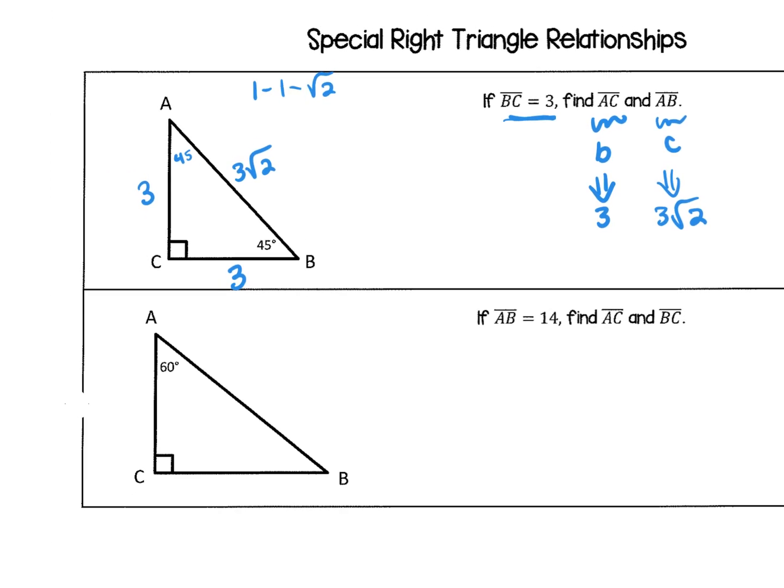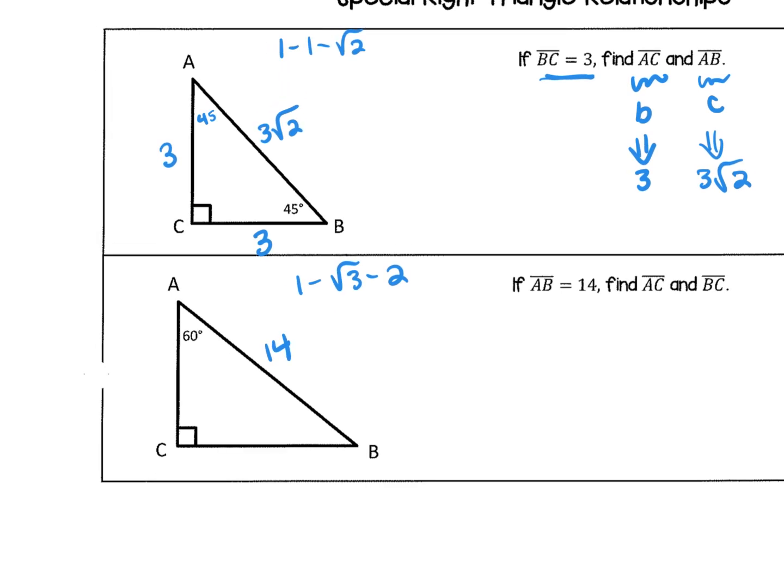And then this is a 1, square root of 3, 2 triangle. AB, which is also side C, is 14. If that's 60, then we know this is 30. So we have to think about what the ratio is here, what we're multiplying by.